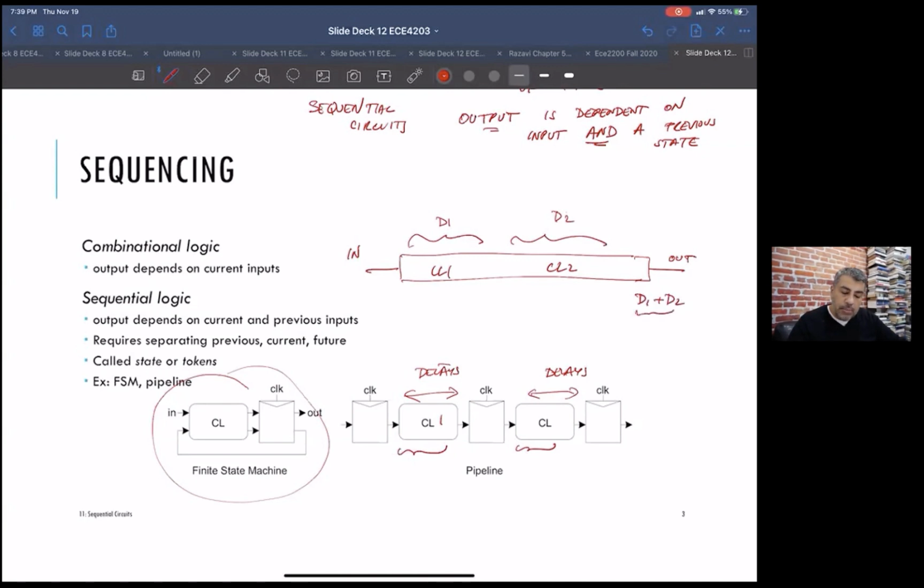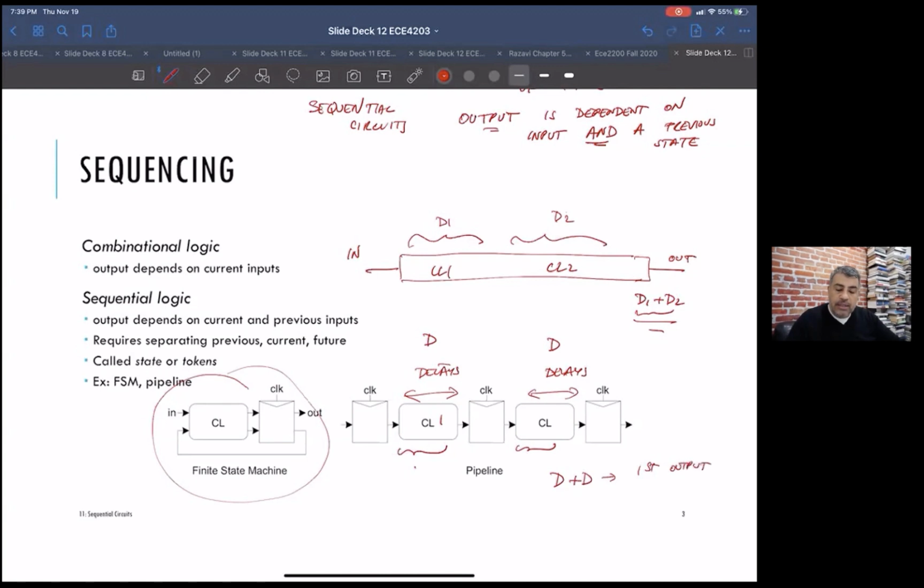Okay, but if you put things in a pipeline, the first time you fill your pipeline, you still have this total delay. So in this case, you would end up with D plus D to get your first output.